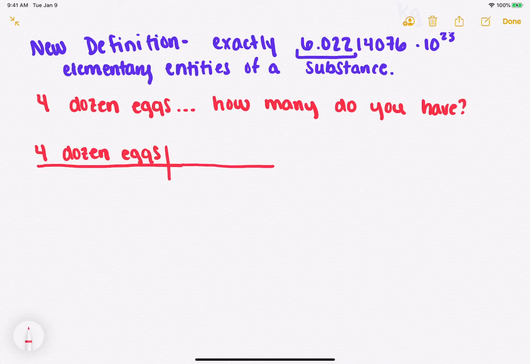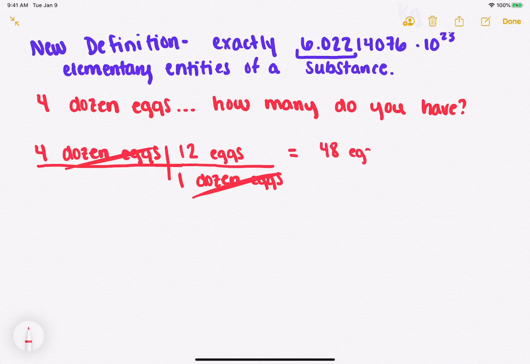And our conversion factor here is that in 1 dozen eggs, we have 12 eggs. So that's actually going to show us that our units cancel, so the dozen eggs cancels with dozen eggs, and we end up with 4 times 12 to get 48 eggs.